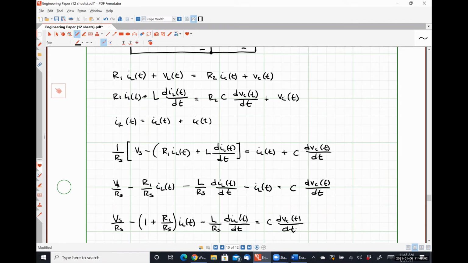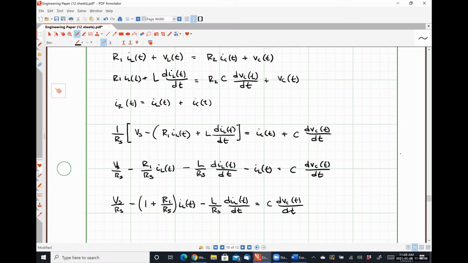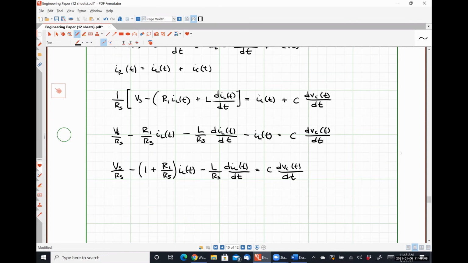The last thing that I'm going to do is then divide both sides by C. So I'm going to rearrange this slightly.